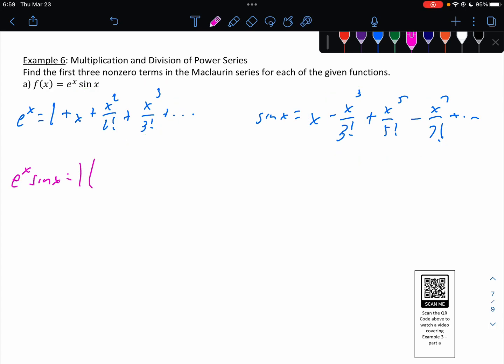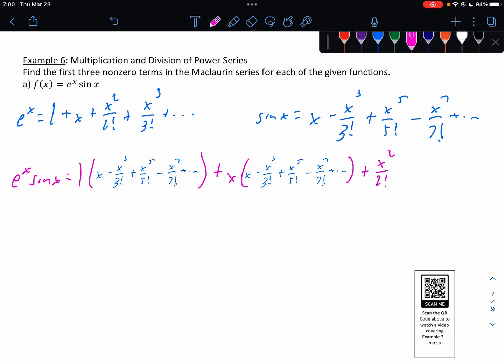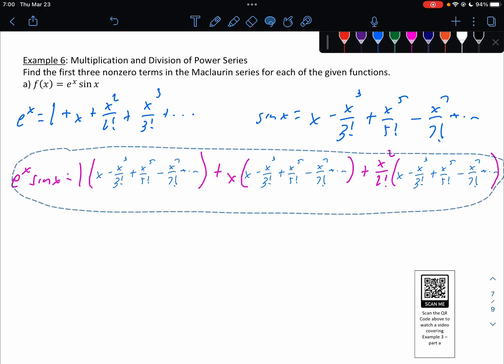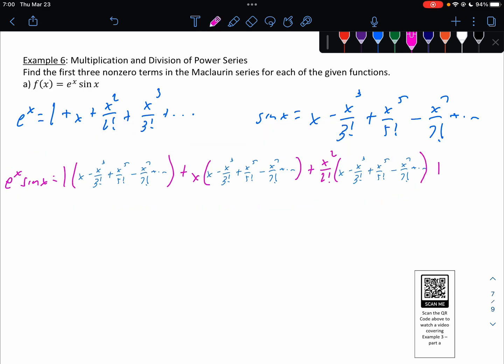So 1 times this, plus x times that, plus x squared over 2 factorial times that again, and definitely running out of room here. We can stop there for now. I think you get the picture at this point, but it does keep going forever.